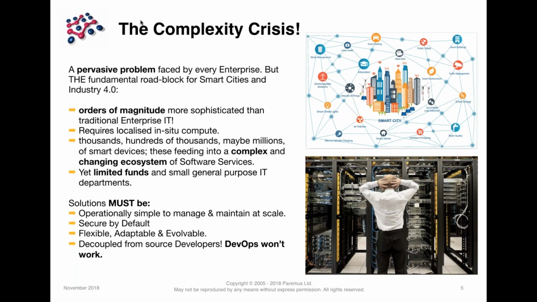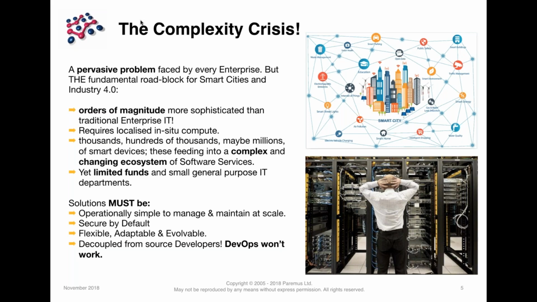And so we need local cloud infrastructure for these sorts of requirements, which is operationally very simple to install, to manage, and scale. It's secure by default, so you don't have to actually set it up in a manner where it is secure. You boot it up and it is secure because of the way it operates.